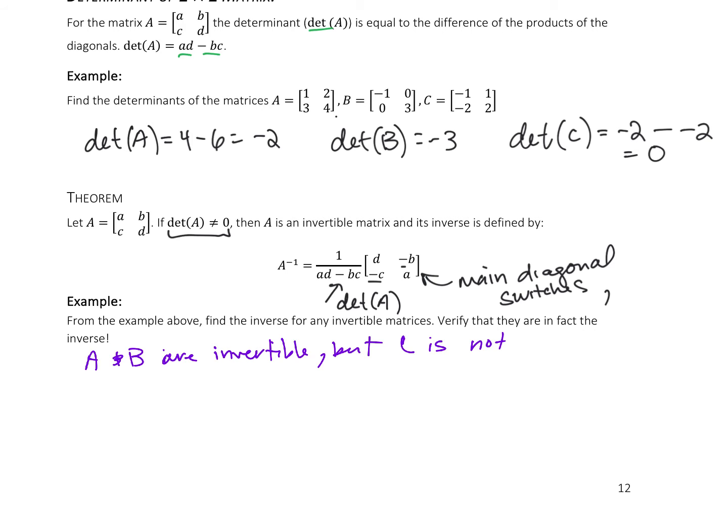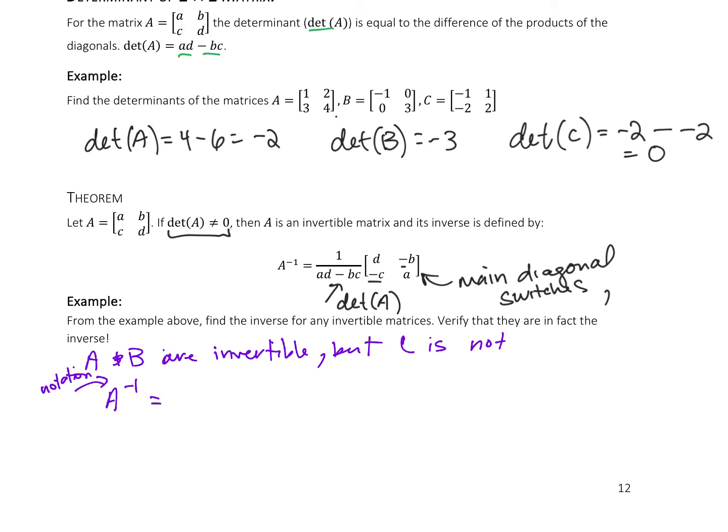For A, the inverse of A, or the inverse matrix of A, we denote it with the -1. So just like when we talk about inverse functions, we use that -1 exponent, but it's not actually an exponent, it's a notation.